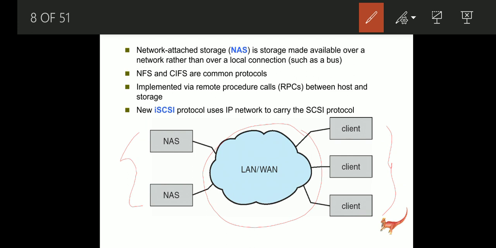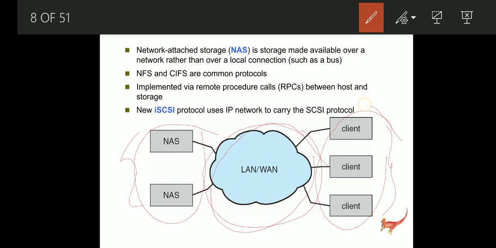Thus, the networks rather than SCSI cables can be used. So instead of using the SCSI cables, we can use the networks for the interconnection between host and their storage. If I want to interconnect client and the storage devices, that is NAS, I can use LAN or WAN networks instead of SCSI cables.